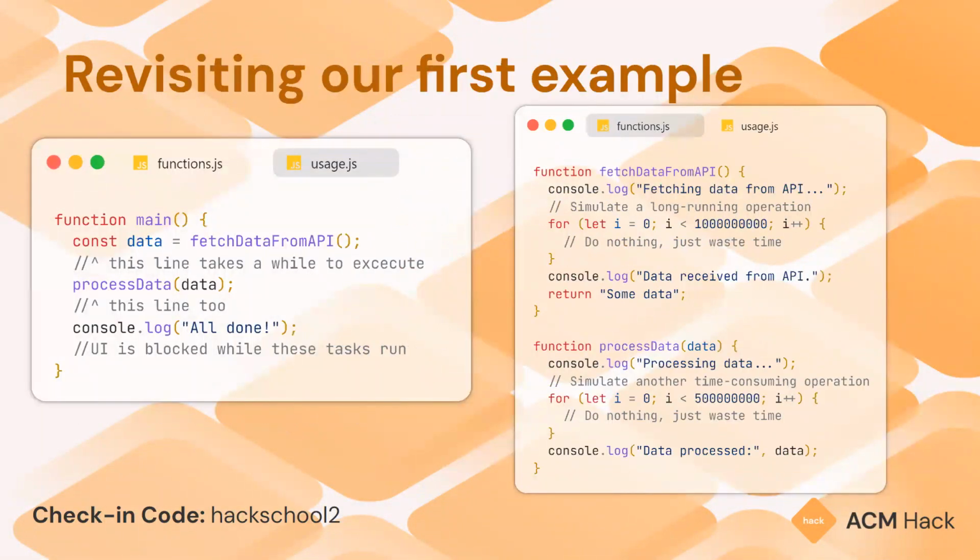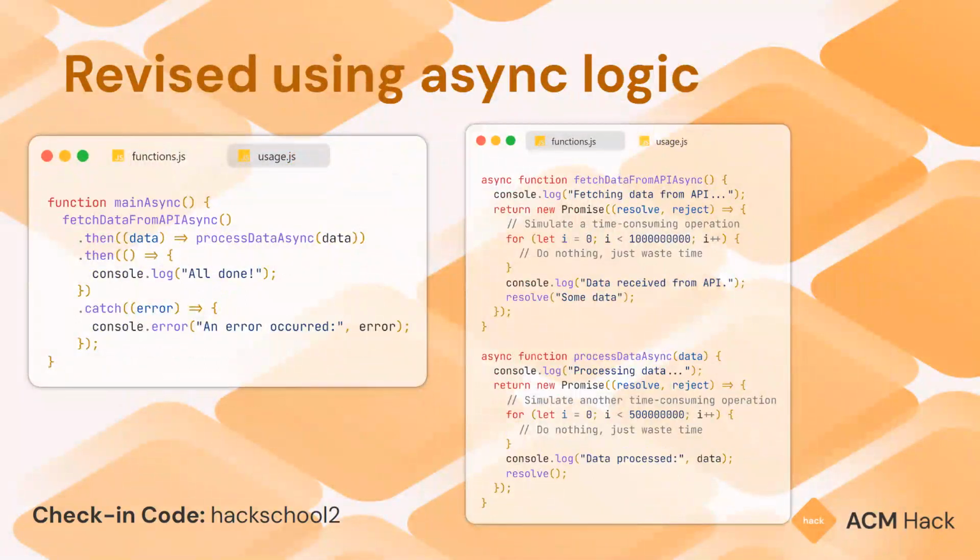If we go back to the first example that we had at the beginning, this is copied and pasted, exactly what it was with synchronous code. Now if we use what we learned to turn it into async logic, the two functions on the right are both asynchronous. Instead of returning the data, they're returning a promise.